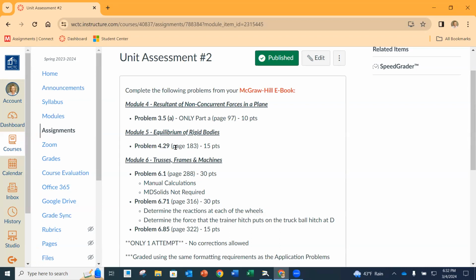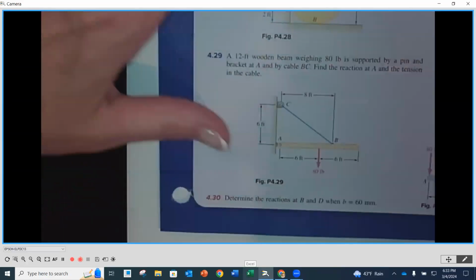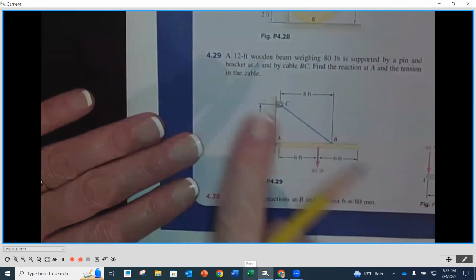The second one was module 5, equilibrium of rigid bodies. This is going to be problem 4.29 on page 183, again in the McGraw-Hill text, down here at the bottom of page 183.